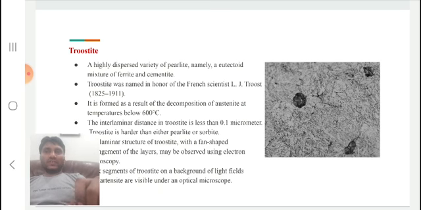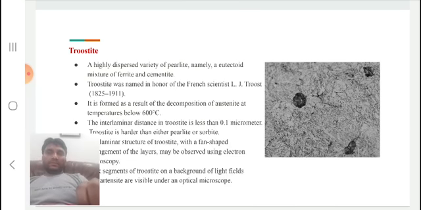Trustite is harder than perlite or sorbite. The laminar structure of trustite, with a fan-shaped arrangement of the layers, may be observed by electron microscopy, which cannot be seen under a normal optical microscope.